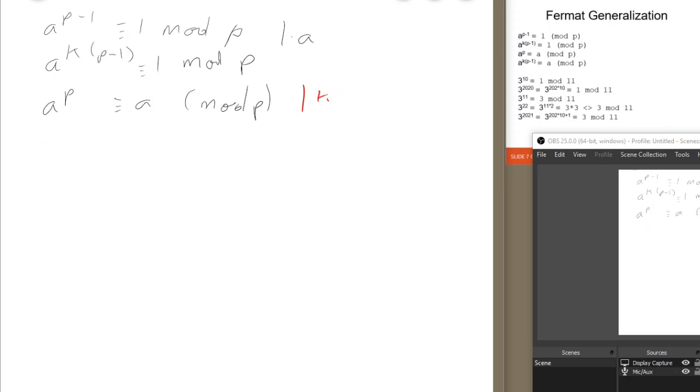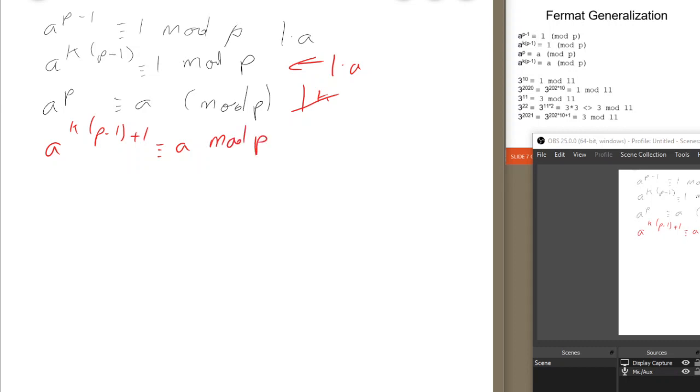rather than raising this to power k, we'll start from this generalization, multiplying it with a, and we are going to get a to the power k times p minus 1 plus 1 congruent with a mod p.